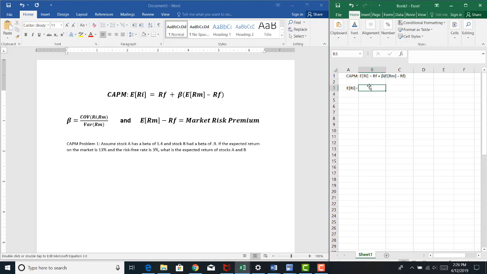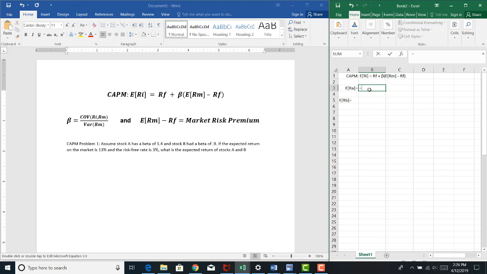Okay, so we're going to calculate the expected return here of stock A, the expected return of stock B. And all I'm going to do is follow the formula.